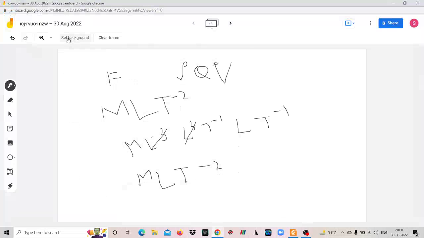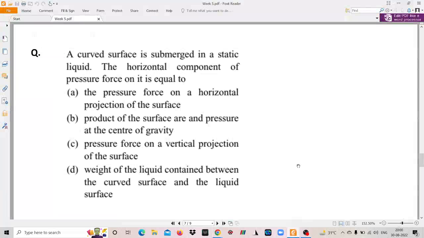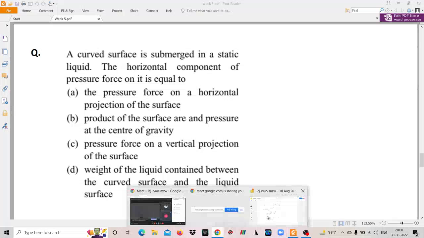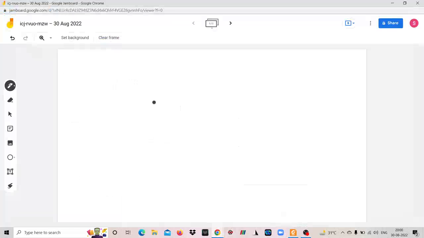Okay, so let's suppose, sir, option C. Option C. Okay, let's see. So there is a curved surface which is totally submerged in a static fluid.